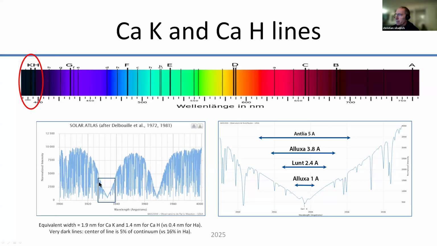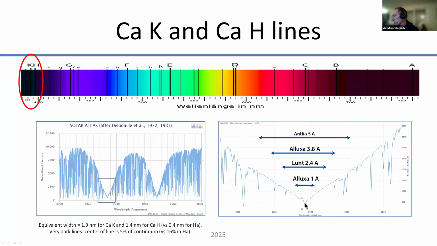So very dark lines and very wide. But if we zoom on this part, what is very interesting in the calcium lines is the very center. The center of the line is called K3.